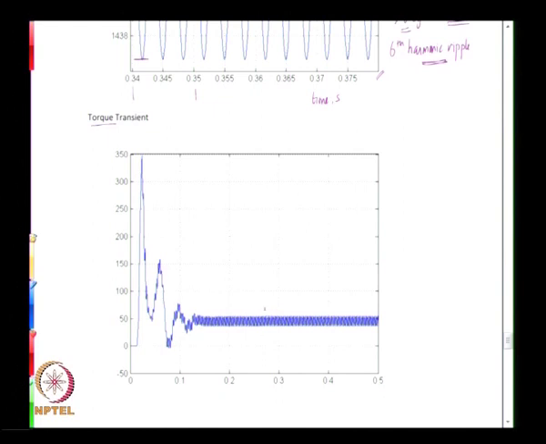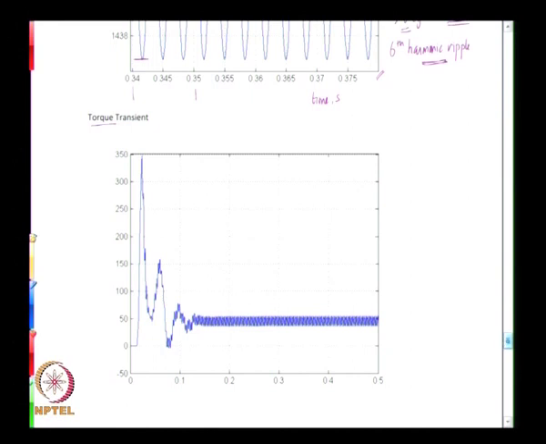This ripple frequency, if you zoom in, will be the 6th harmonic frequency, which therefore causes a 6th harmonic ripple in speed. One therefore looks at methods by which the speed ripple and torque ripple can be reduced. There are various schemes where one can look at these things.